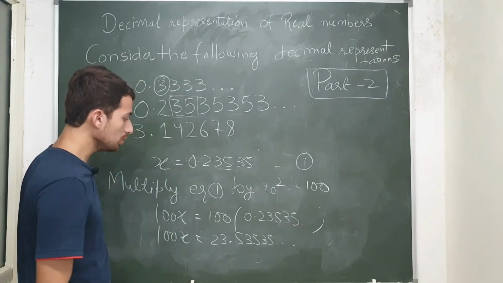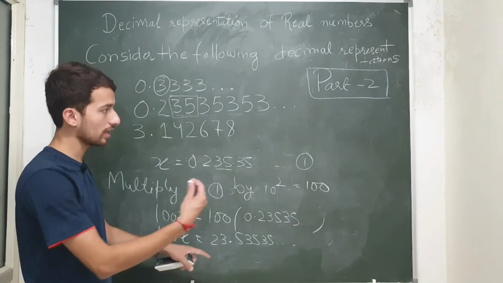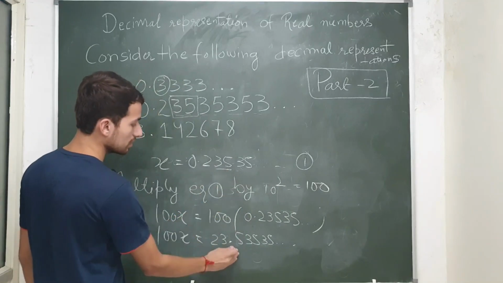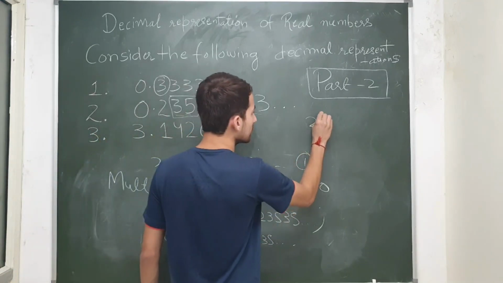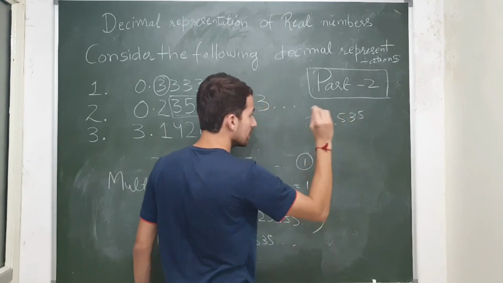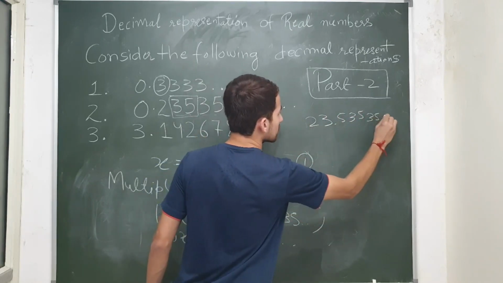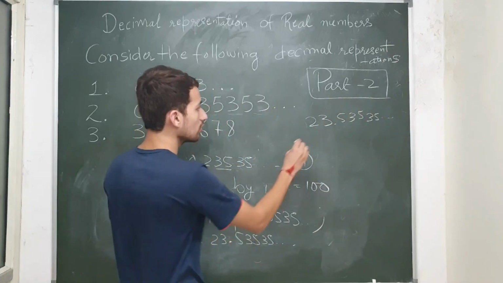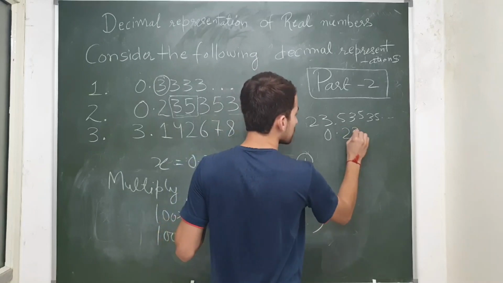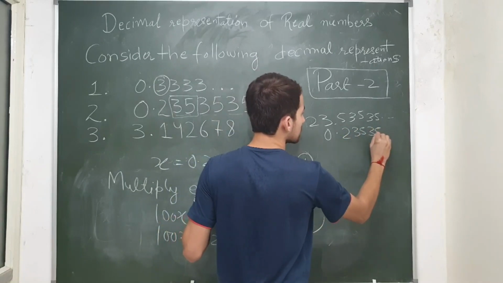So what I am going to do is make a rough calculation. If I subtract this part from this, I have 23.53535 like this one, and here we have 0.23535 and so on.